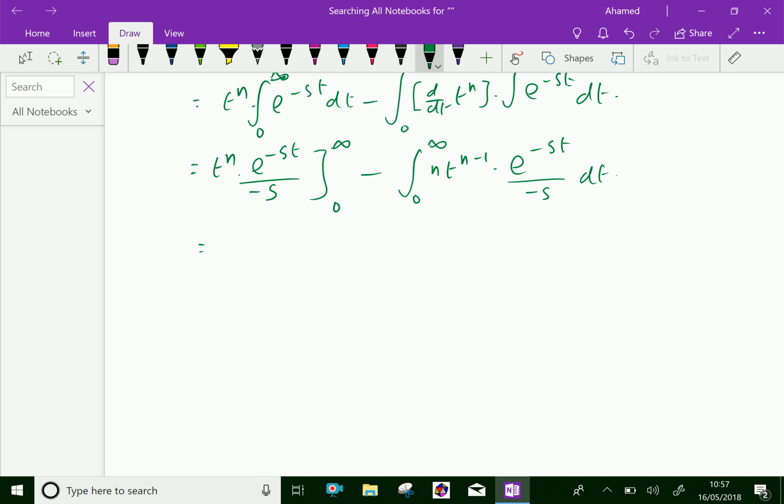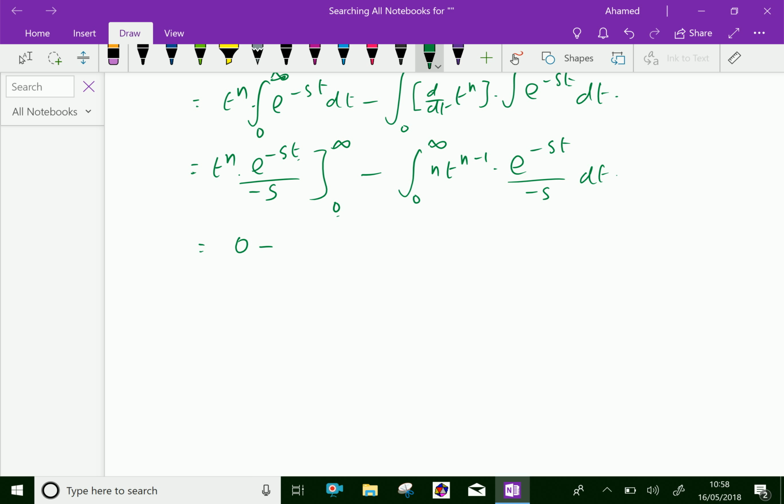Here t becomes infinity, which means e power minus s into infinity, which is e power minus infinity. In the denominator it becomes e power infinity. E power infinity is a very large number, so it is in the denominator, so it becomes 0. So this complete term becomes 0 when you substitute infinity. After that, let us substitute the value 0.